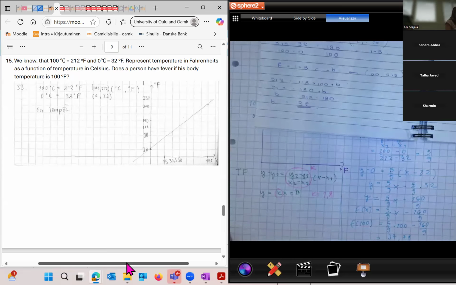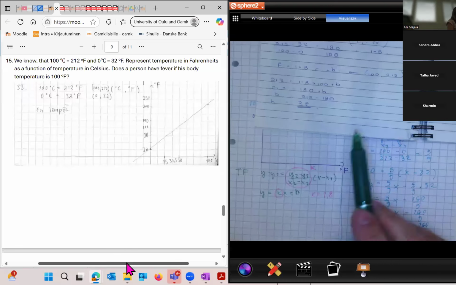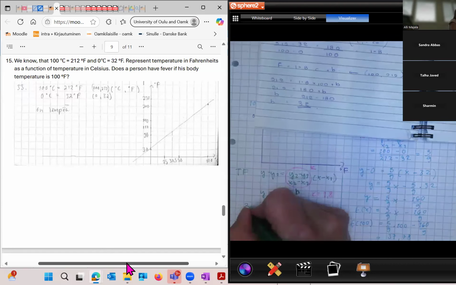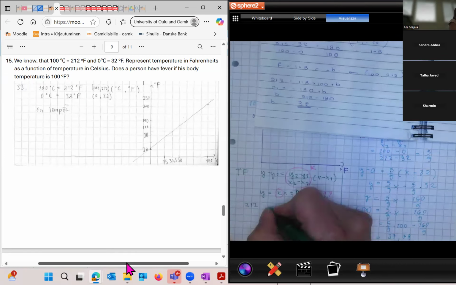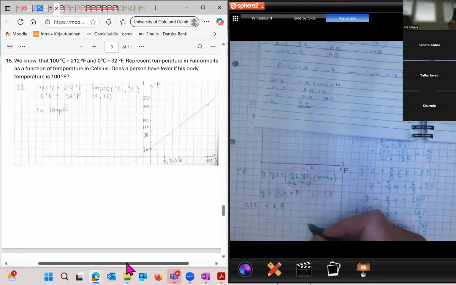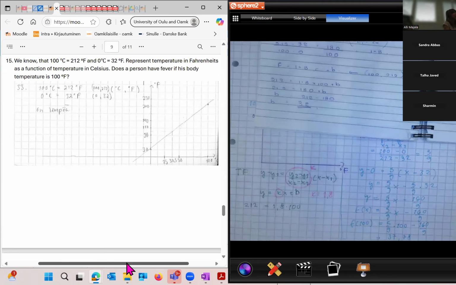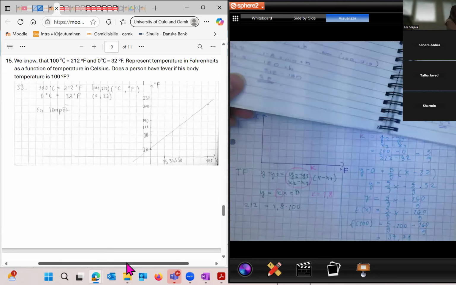So here then you put the y value, which was 212, and then 1.8 times, and then you put there the x value of the same point.